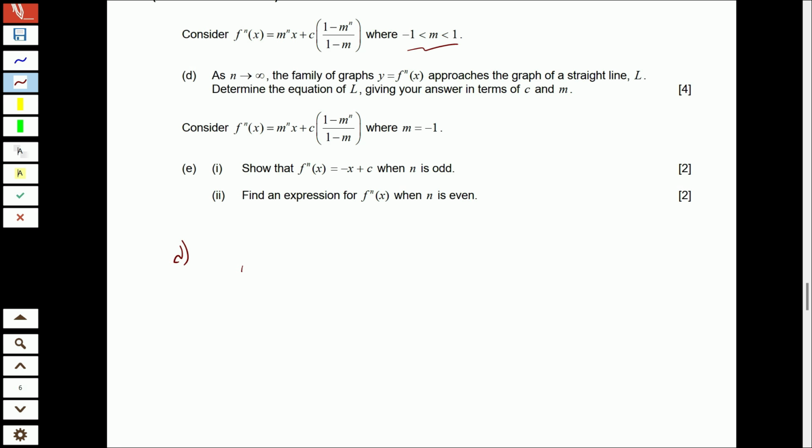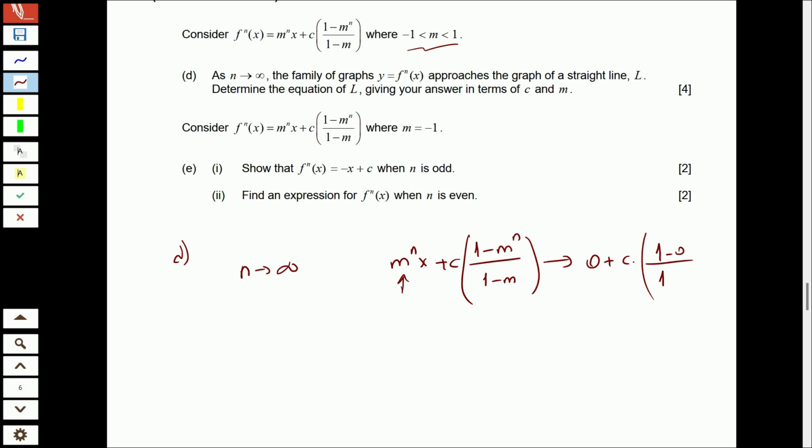Okay, we're gonna look for n approaching infinity, and m to the power of n x plus c times 1 minus m to the power of n divided by 1 minus m approaches. I know that here is gonna be 0 because m is between -1 and 1. So 0 plus c times 1 minus 0 divided by 1 minus 0, we can say.